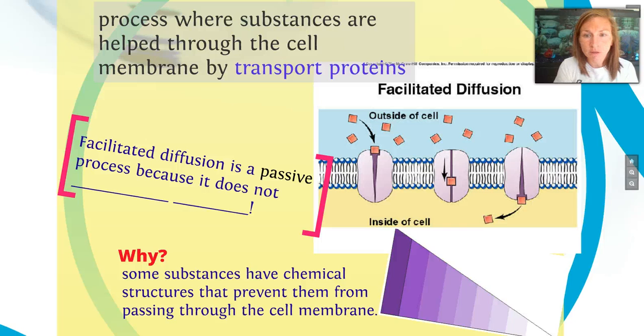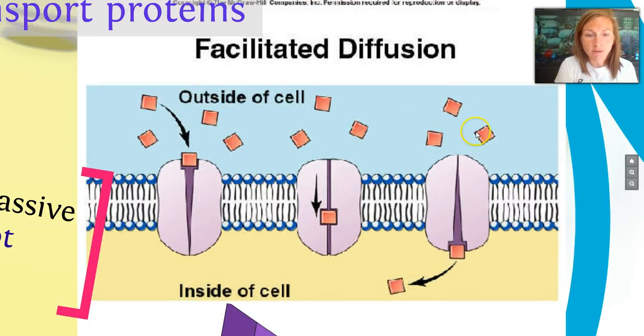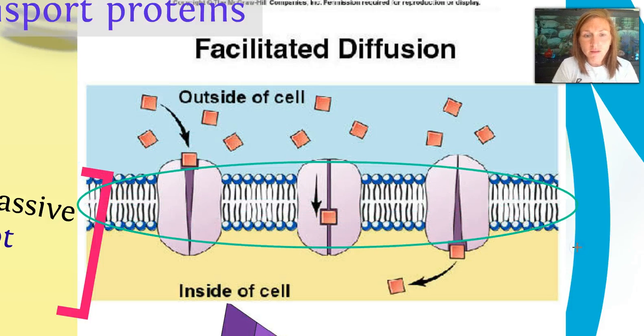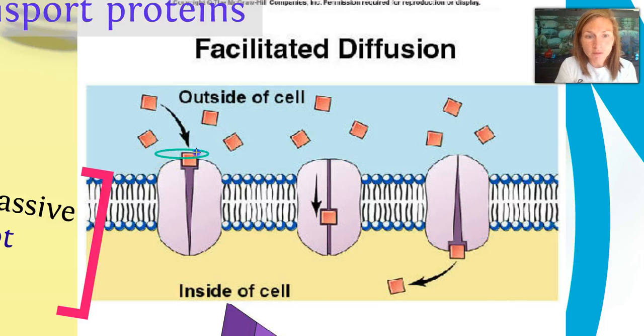Now I wanted to show you a close-up picture of this. We have the outside of the cell here, the inside of the cell here, and this of course is our cell membrane, made up of proteins and phospholipids. What's important to know about these transport proteins is that they will open up and allow a pathway for larger or differently, chemically structured substances to come through that can't simply pass through the membrane themselves.